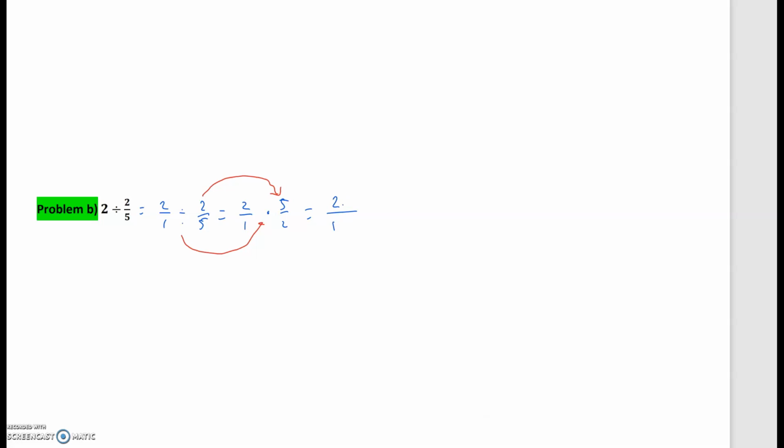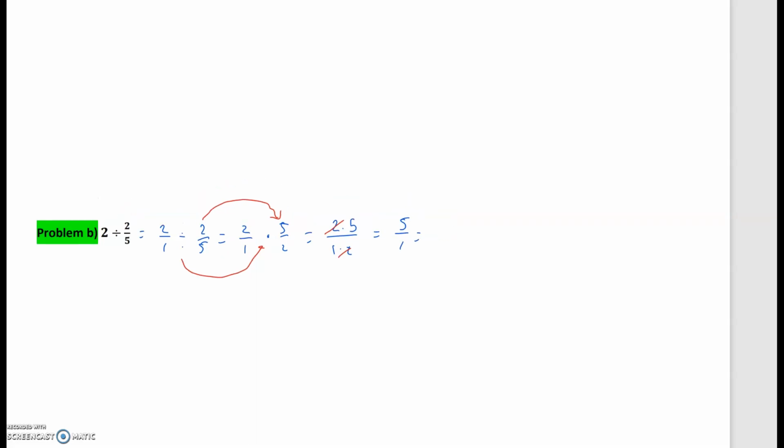So 2 times 5 and 1 times 2. Now at this point, I don't want to multiply. I just want to cancel common factors. So the 2's are going to cancel, and we're going to end up with technically 5/1, or simply the value of 5. And that's actually it for this problem.